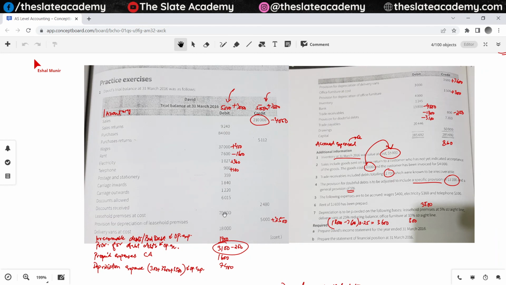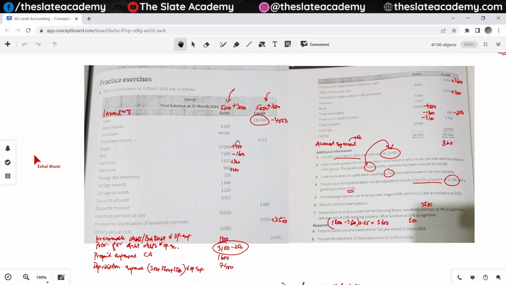But for now, from the cost, you will deduct the total accumulated depreciation, provision for depreciation, and that is the net book value of land, and it's the net book value that gets presented in the statement of financial position.